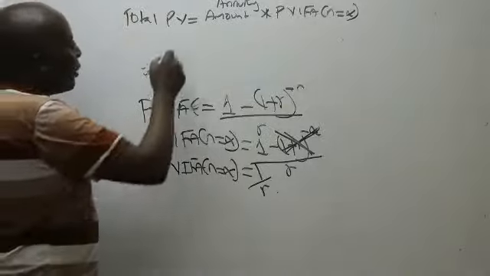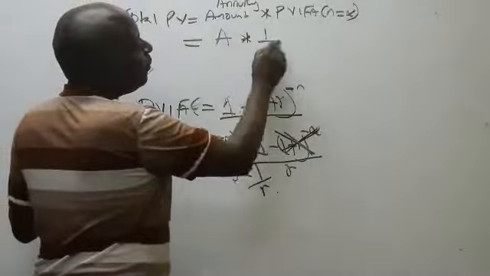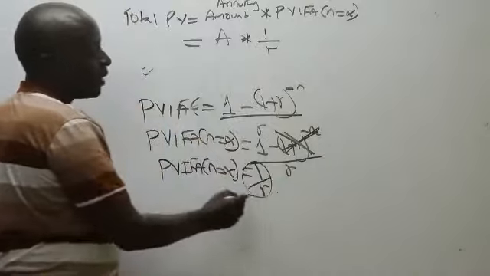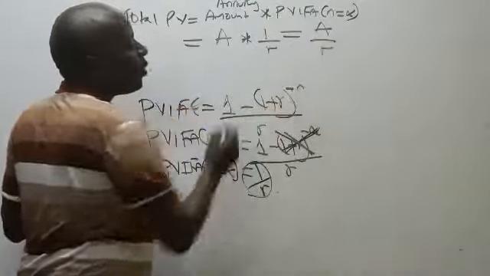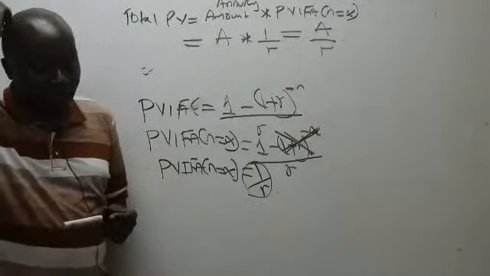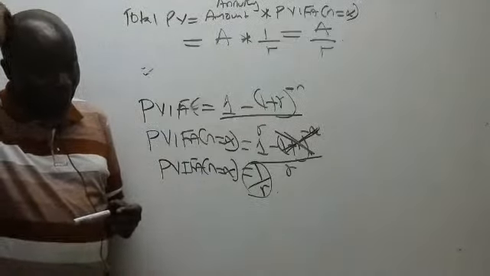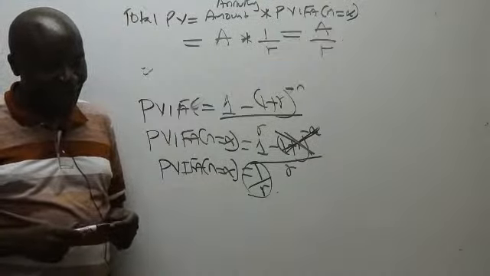So the annuity amount is A, A times the PVIFA, which is 1 over R. And that is why you saw those two gentlemen talking about A over R.